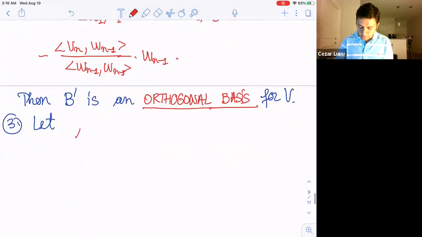Let me consider Ui to be, since they're orthogonal, to normalize them is quite easy. We'll divide the vectors by their length. And guess what?